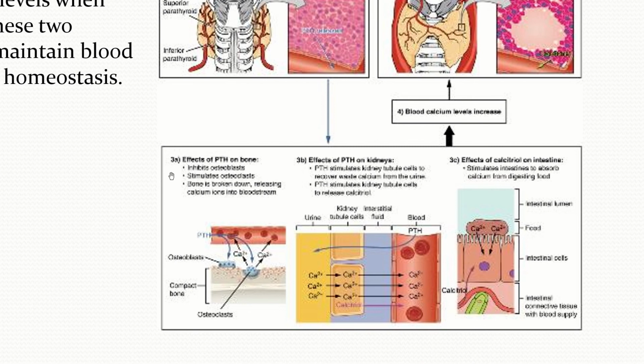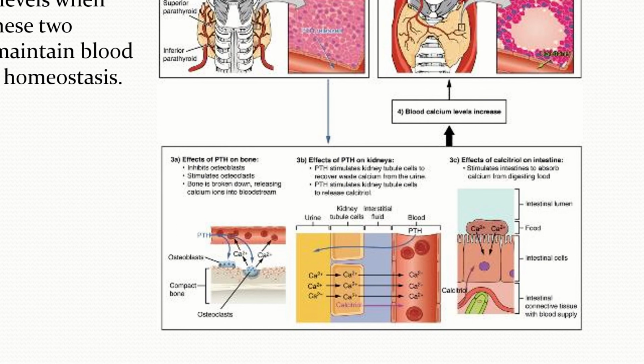The effect of parathyroid hormone on the bone is to inhibit the osteoblasts and stimulate the osteoclasts. Thus, the osteoclasts will break the bone down and release calcium ions into the bloodstream. The effects of parathyroid hormone on the kidneys: it stimulates the kidney tubule cells to recover calcium ions from the urine, and it stimulates kidney tubule cells to release calcitriol.